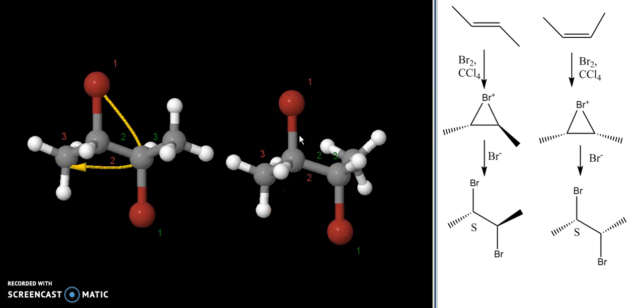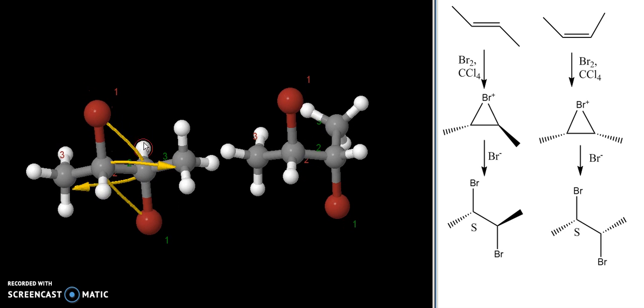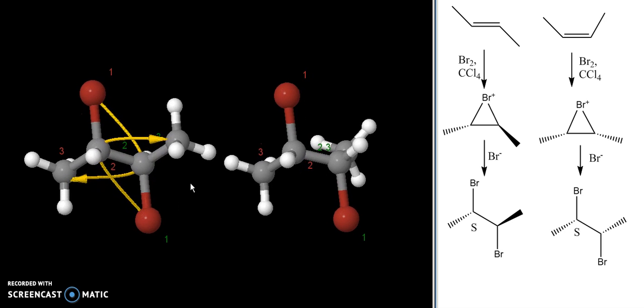Notice that the first stereocenter in the cis product is the same as this one. I haven't really changed anything here, so both of these are S. I can do the same thing at this second stereocenter. Going from 1 to 2 to 3, I'm going in this direction. 1 to 2 to 3. Notice that our lowest priority, our hydrogen, is also already going away from us.